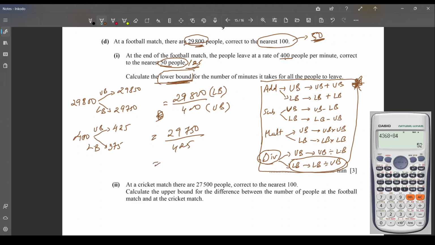If we divide this using our calculator, 29,750 divided by 425, we'll get the answer 70. So at the rate of 70 minutes they are leaving the football match.